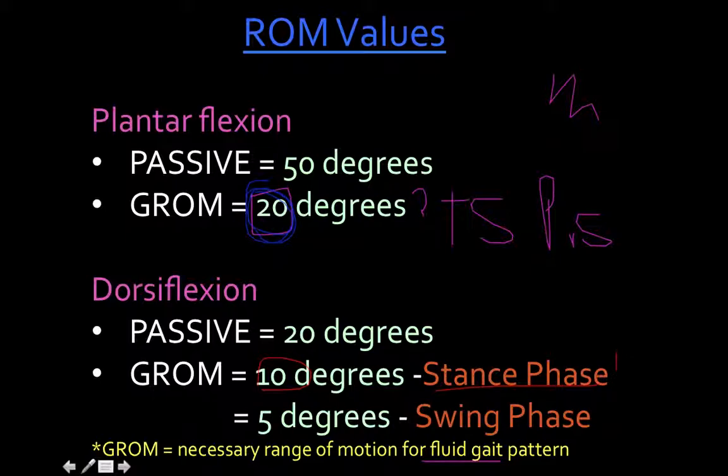Yes, you are. When you have initial contact, your foot is definitely going to be dorsiflexed then, right? Because if your toes are down completely on the floor, you're going to drag them and you're going to trip and fall. So we need that dorsiflexion at initial contact to be able to brace for impact with the ground.